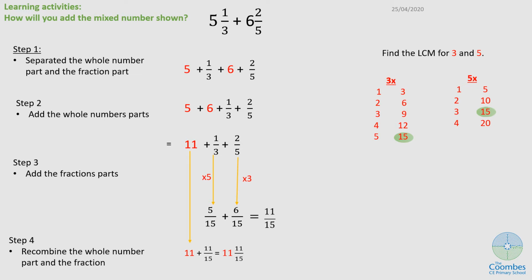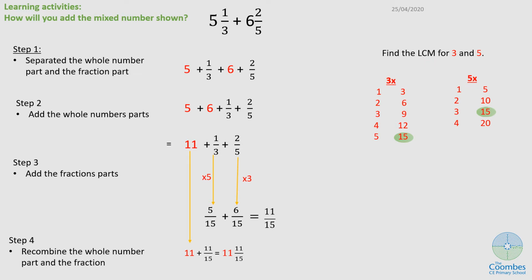Multiples of 5 will be 5, 10, 15, and 20. I can see there is a 15 here, and there's also a 15 here. So this number 15 is a common multiple, and it is the lowest one. So we call it the lowest common multiple.